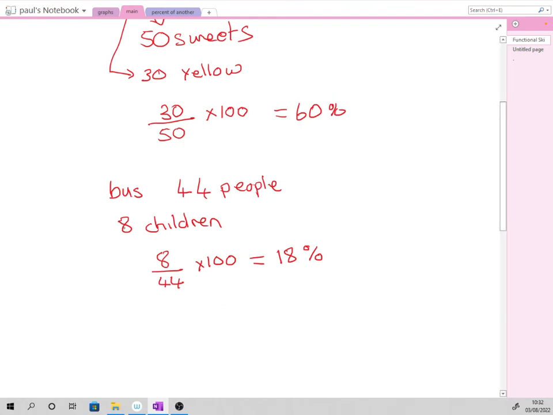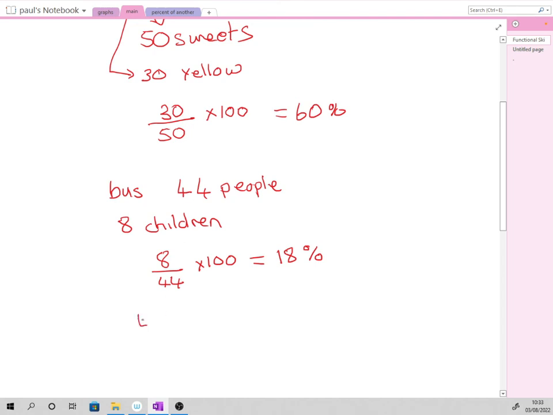Now, it might ask you, instead of finding that, what is the percentage of, say, adults, making the assumption that everybody who isn't a child is an adult. No babies, no teenagers, no big children, all the rest of them.